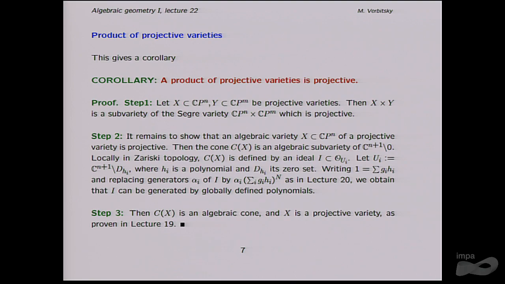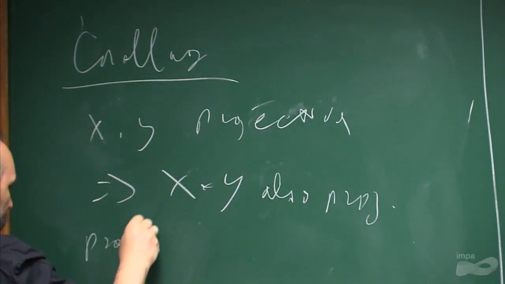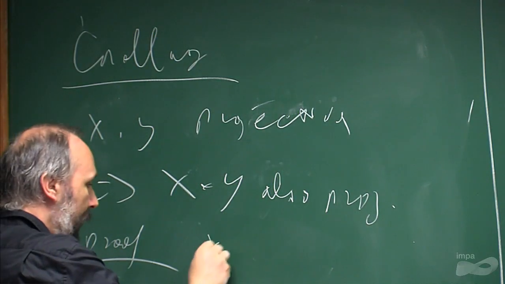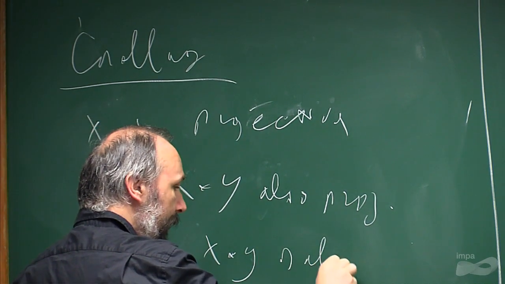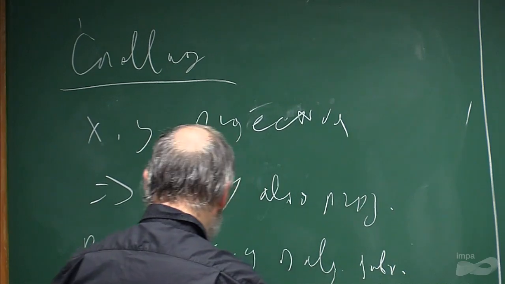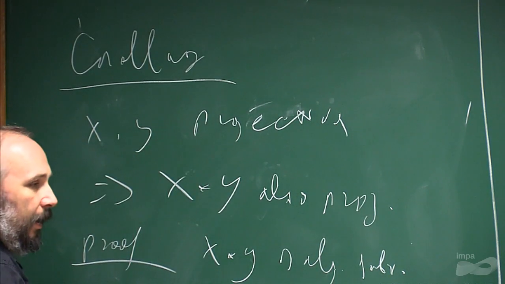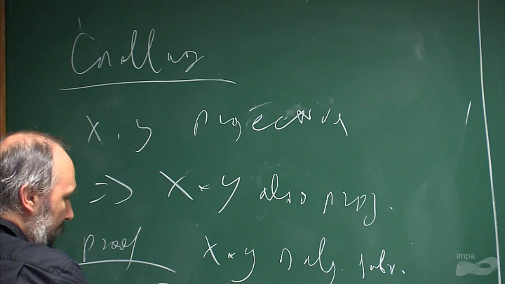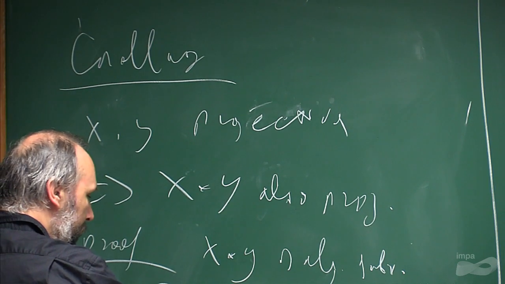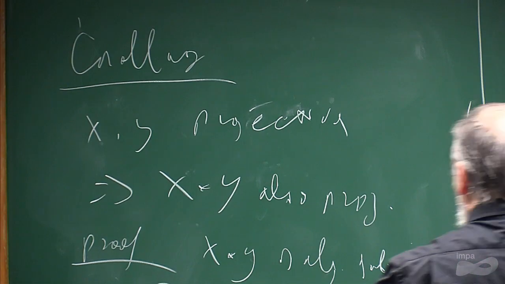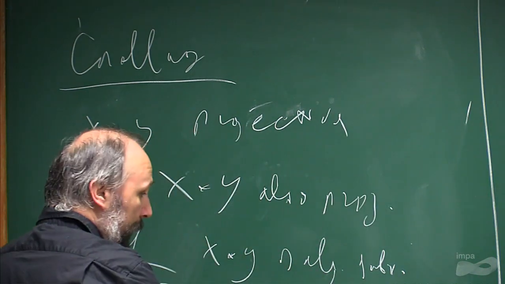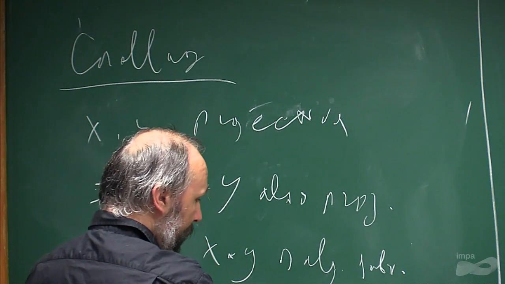Okay, so proof. By construction, X times Y is an algebraic subvariety in Segre, which is equal to the product of two projective spaces.